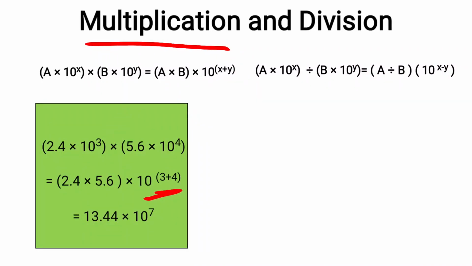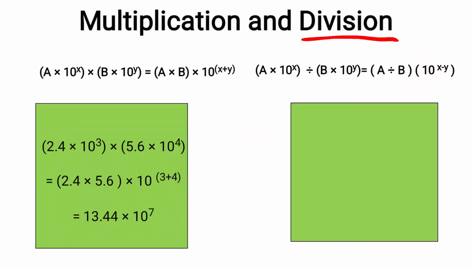Now let us look at the division of numbers expressed in scientific notation. To divide two numbers, we first subtract the exponents and then divide the coefficients. Let us consider an example for division: 2.7 × 10^-3 divided by 5.5 × 10^4.